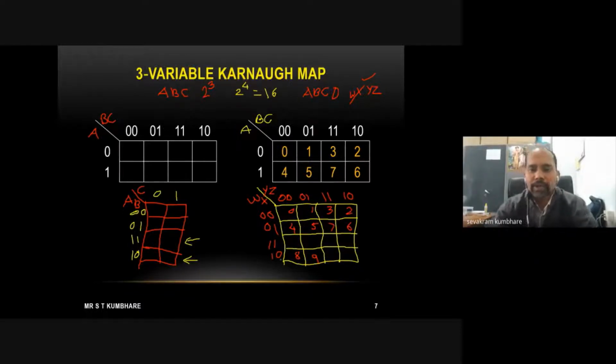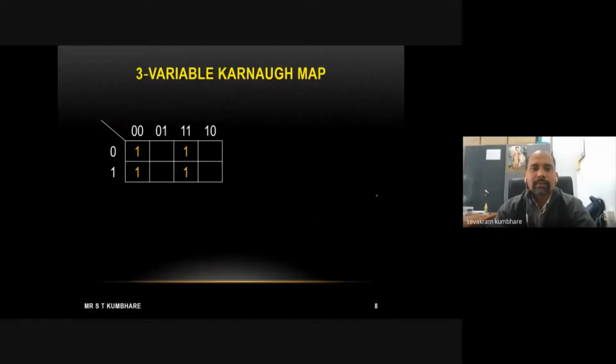If you want to show it in decimal, 1011 is nothing but your 11. 1010 is 10. 1100 is 12. 1101 is 13. 1111 is 15. And 1110 is 14. So like this also, the decimal equivalent can be represented. So I hope this is clear to you. So let's go to the next slide.